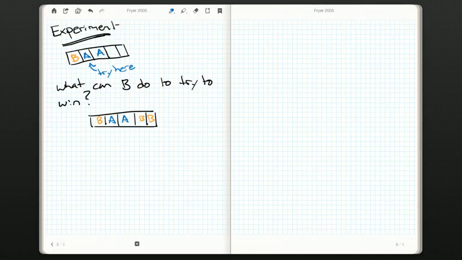Okay? Alright, so if there's a way for B to win right away, they're going to take the win from A as soon as they can. They're not going to say, oh, I could move here, I could move here. So we're really looking for that win.